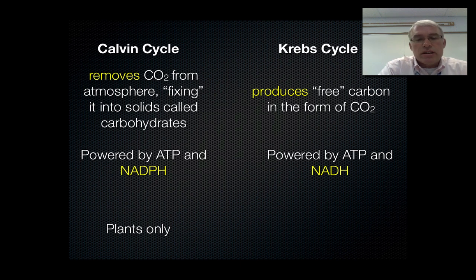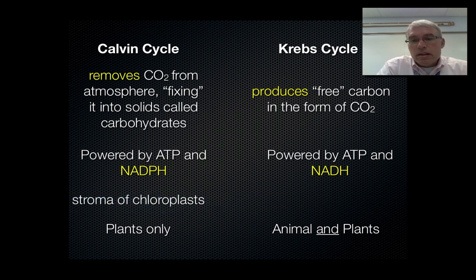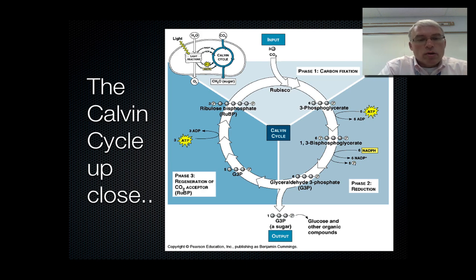A slight difference there. The Calvin cycle only takes place inside of plants that have photosynthetic pigments, and the Krebs cycle takes place in both animals and plants. The Calvin cycle happens in the stroma of chloroplasts, and the Krebs cycle happens in the matrix of mitochondria.